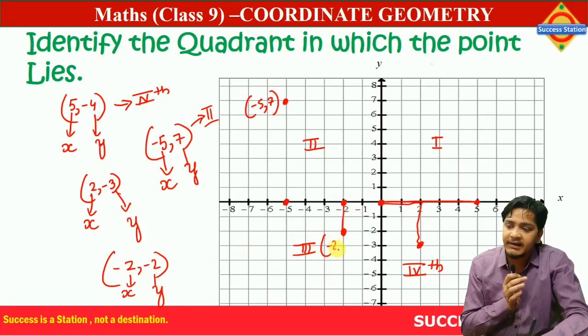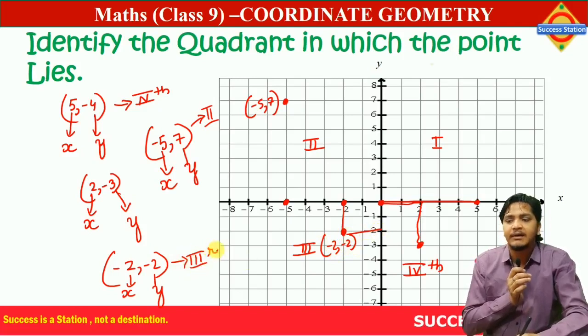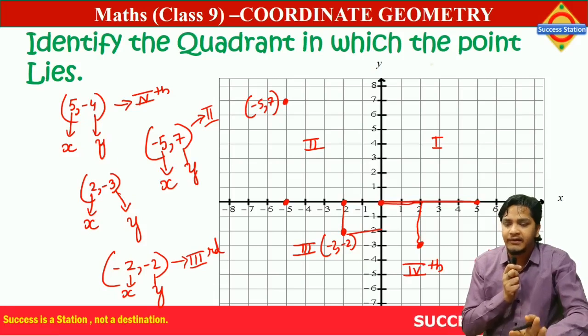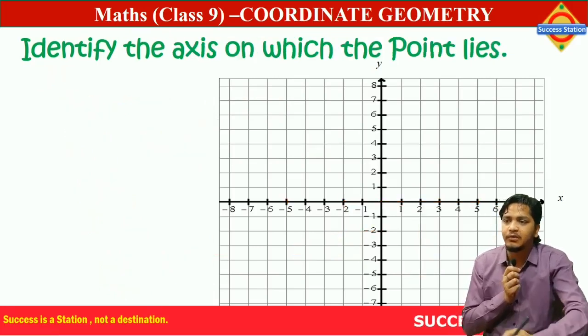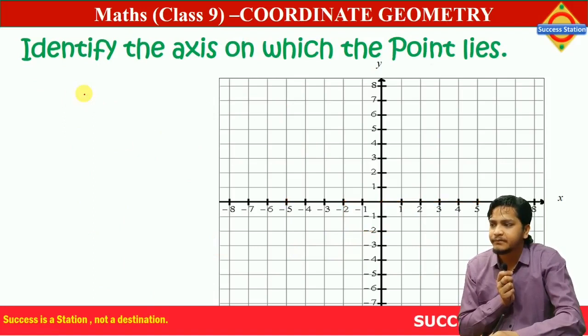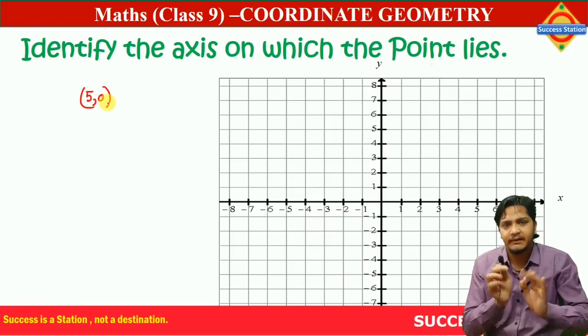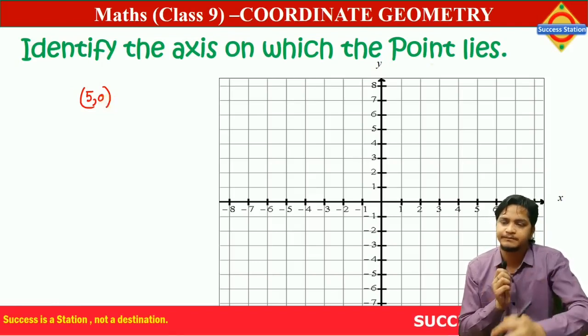That's why we landed here, and this is the third quadrant. The answer will be third quadrant. I hope you will be able to identify the quadrants. Now, if the point is 5 comma 0.